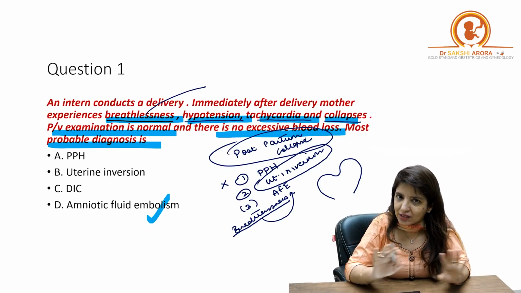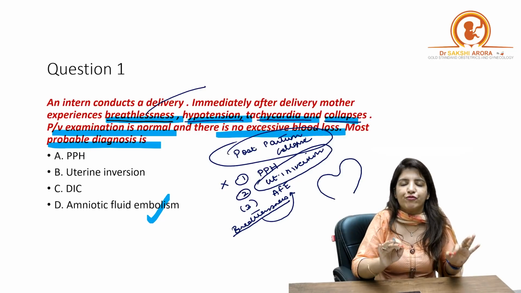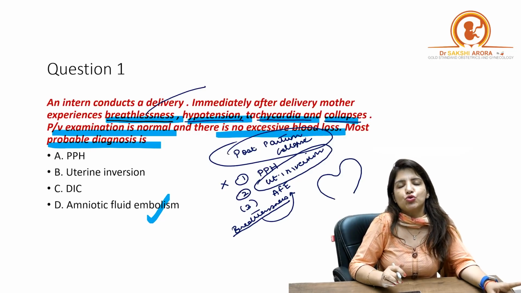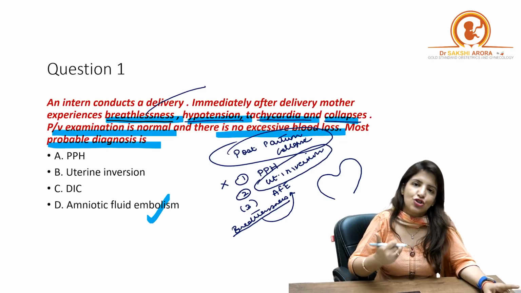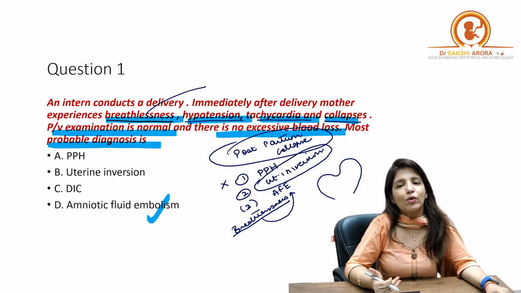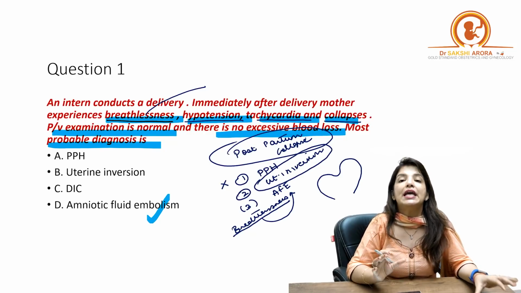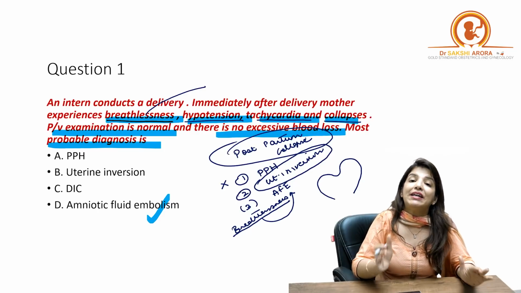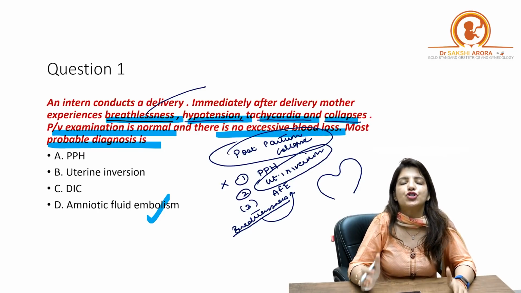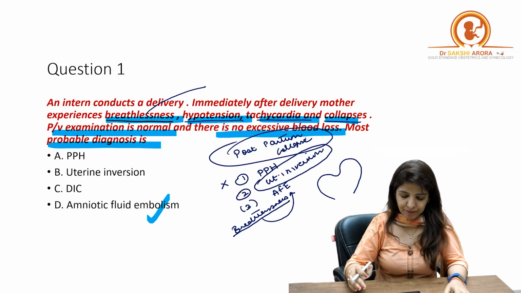If simply the patient goes into shock immediately after delivery, then it's a case of uterine inversion, because in uterine inversion, the patient immediately goes into shock due to neurogenic shock. Right? Just one thing which I want to tell you more is that in uterine inversion, initially the patient goes into shock because of neurogenic shock, but death happens in uterine inversion because of hemorrhage, because of hemorrhagic shock. Right?